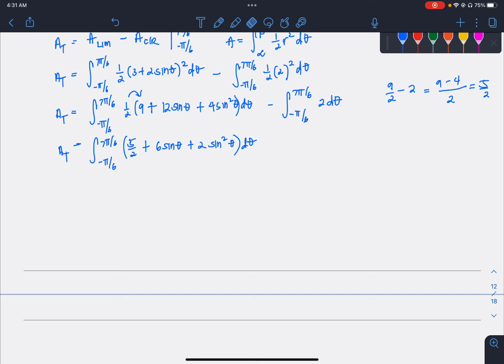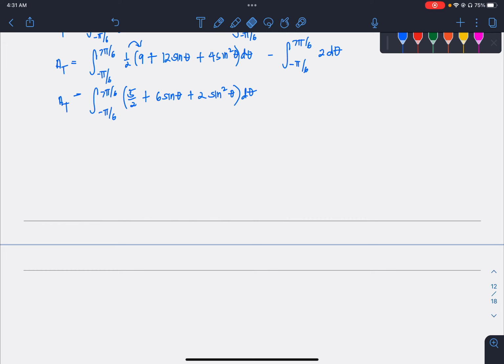Okay, so we combined the two since we have the same limits. If they are not the same limits, we are not going to combine. Next, I can integrate 5 over 2 and 6 sine theta, but not 2 sine squared theta. So remember that sine squared theta is the same as 1 minus cosine 2 theta over 2.